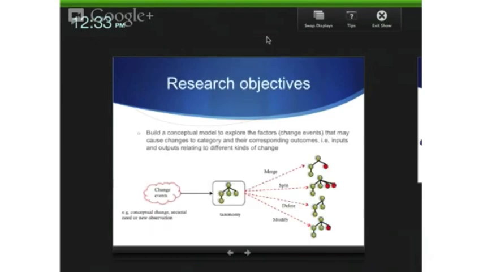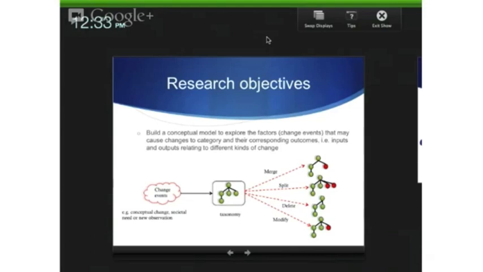The first objective is to start with building a conceptual model that would explore all the factors that may cause changes to a category, and corresponding to each conceptual change, what sort of effect it would have on the category. Could it be merging two categories, or splitting, or deleting, or modifying a category?